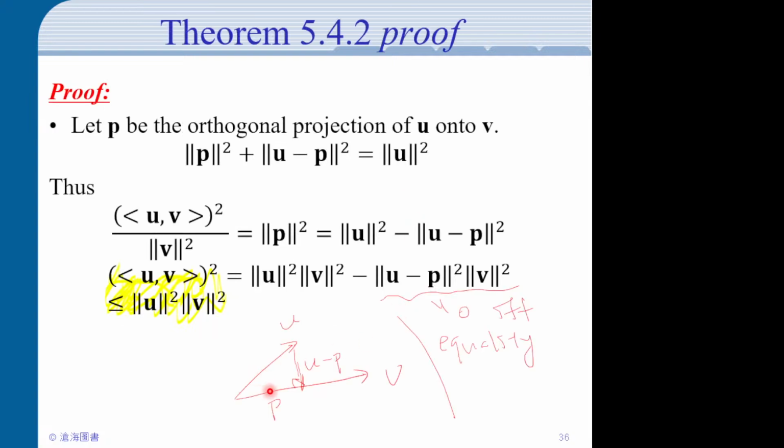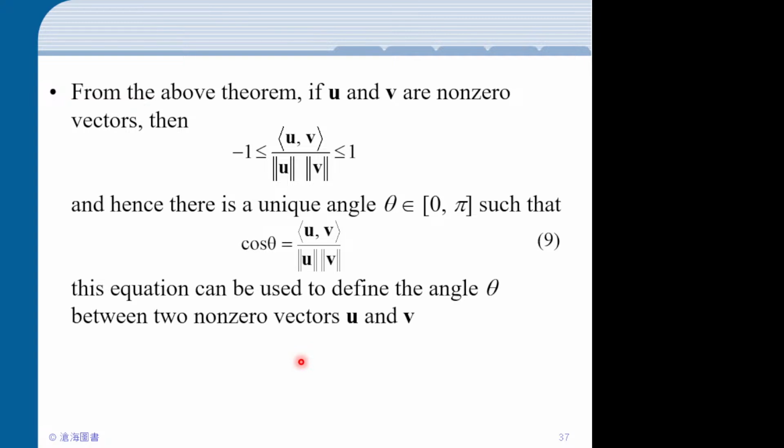Although we have been kind of cheating, since we got the intuition of our orthogonal projection from this theta, now we can formally define theta, because we know the UV inner product divided by the U norm times the V norm is some number between -1 and 1, and so we can think of this number as cosine theta. So we define the angle as the arccosine of this number.